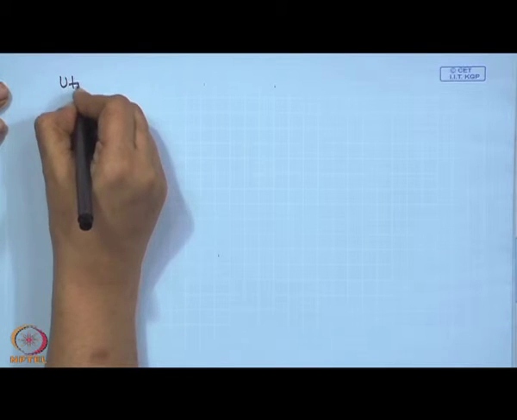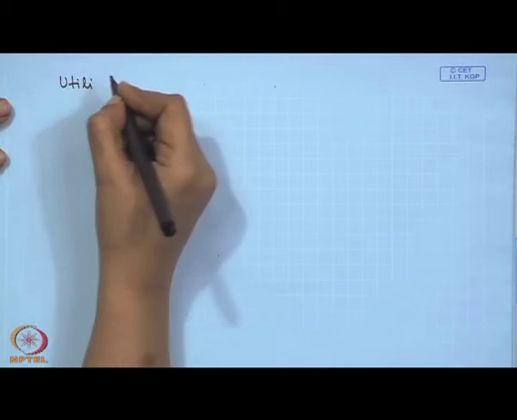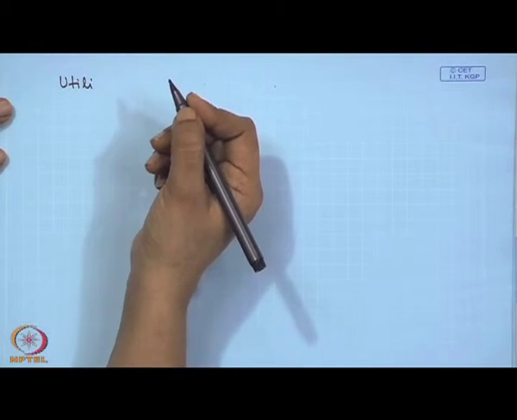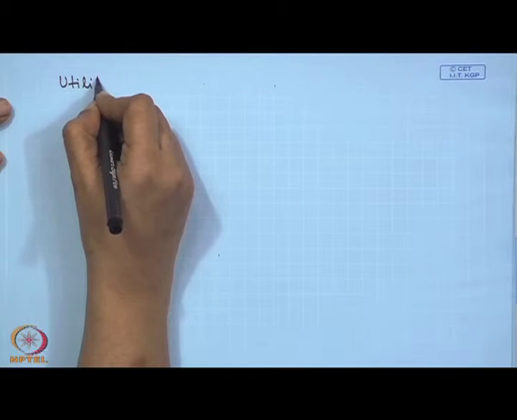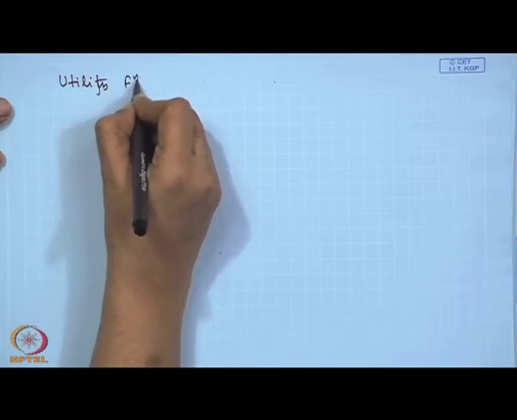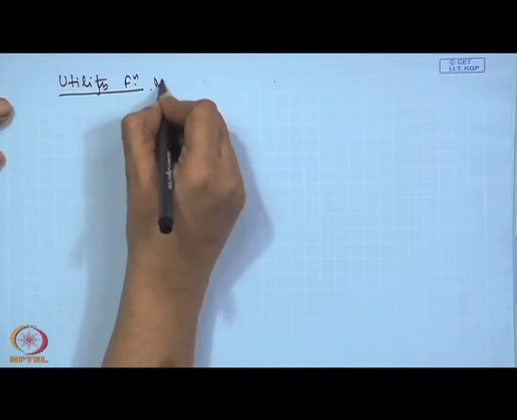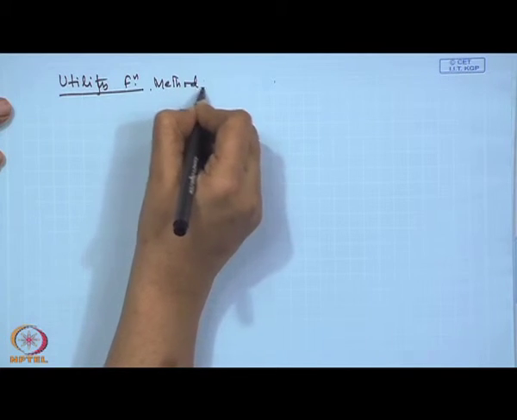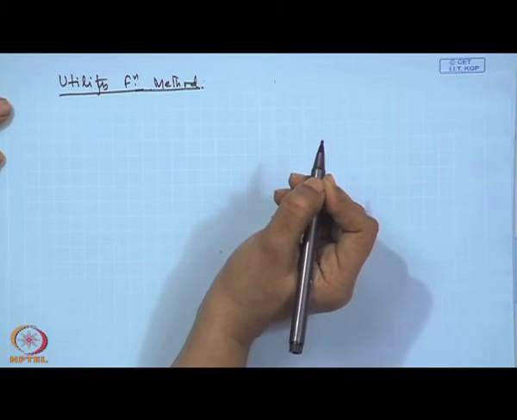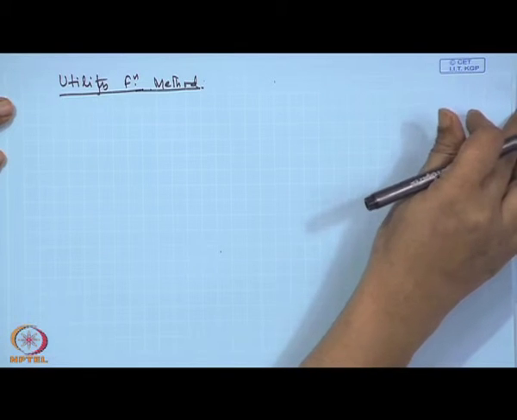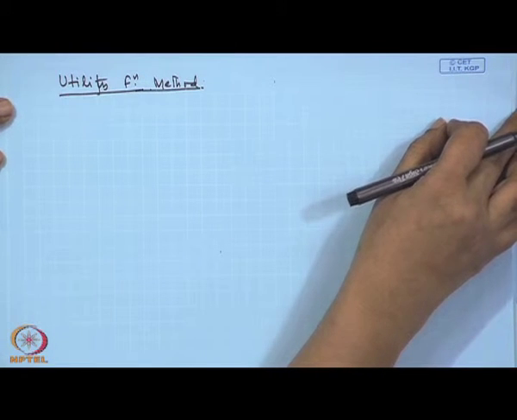But let me go to the next, where we need preference information from the decision maker, and only then can we apply the utility function method. That means in the second category, prior articulation of preference information is needed for this technique.